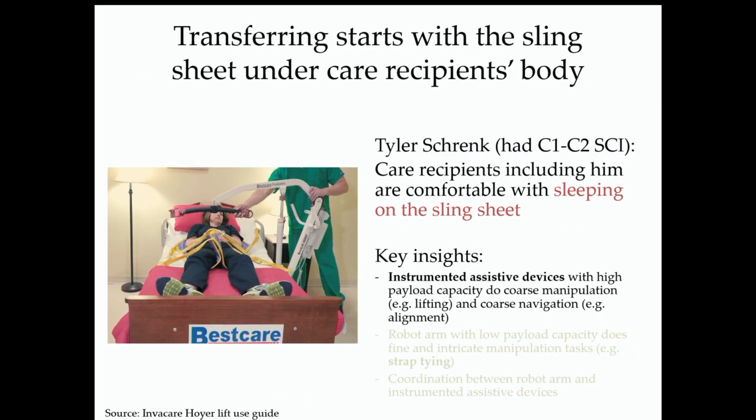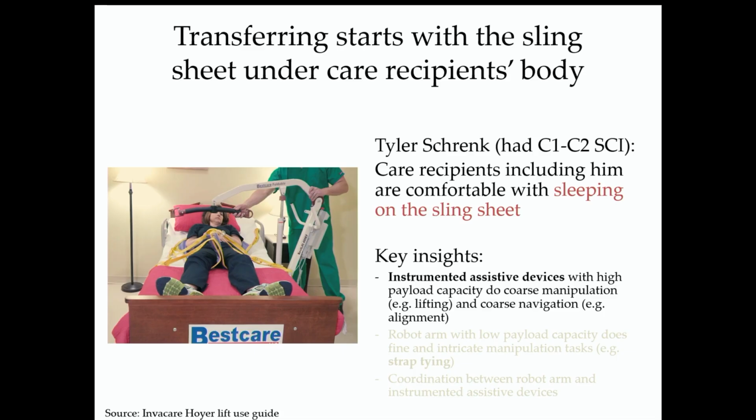So our key idea came from one of our care recipients, Tyler Schrenk, who had a C1, C2 spinal cord injury. Unfortunately, he passed away just a few months back, but he was an amazing collaborator for us. He said they are okay with lying down on a sling sheet.